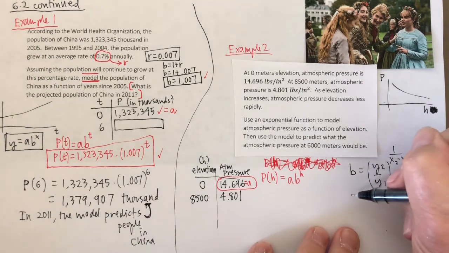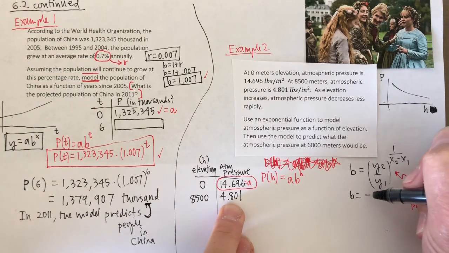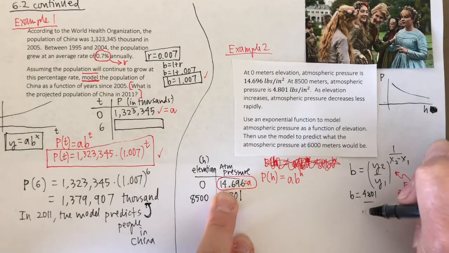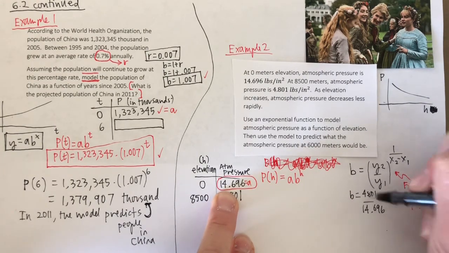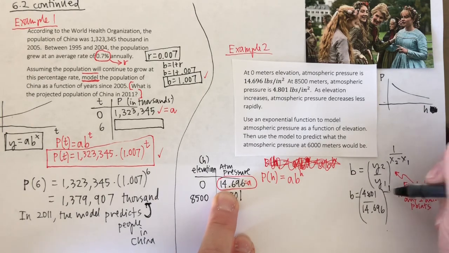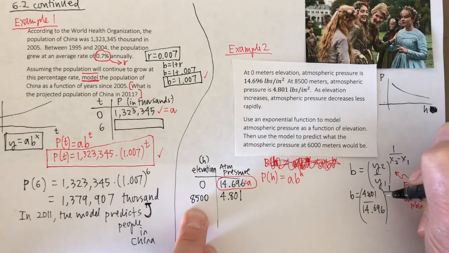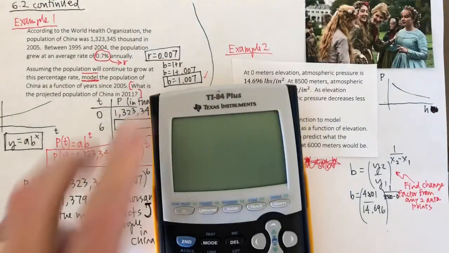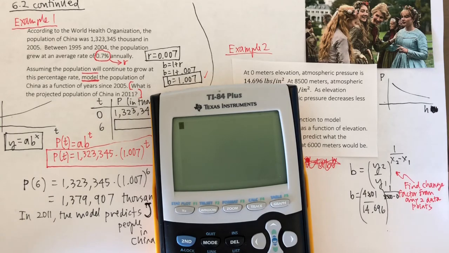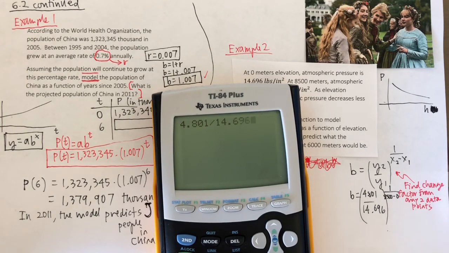Okay, so b equals 4.801 over 14.696 raised to the 1 over 8,500 minus 0. So 4.801 divided by 14.696 raised to the 1 divided by, remember all your parentheses, 8,500 minus 0 is just 8,500.